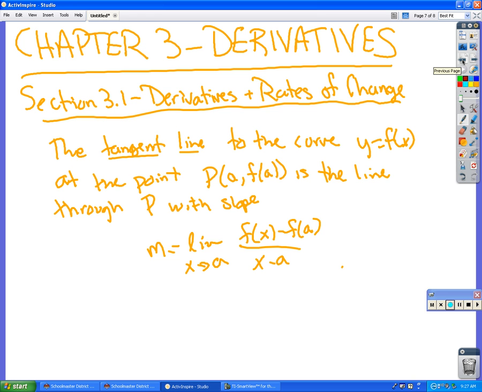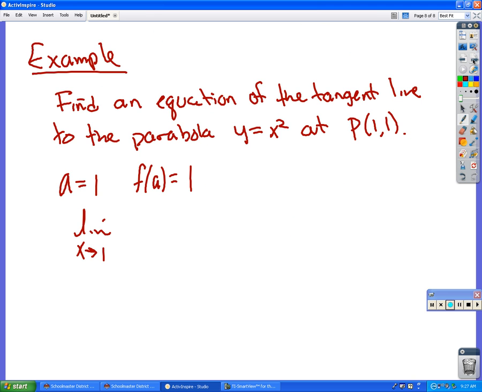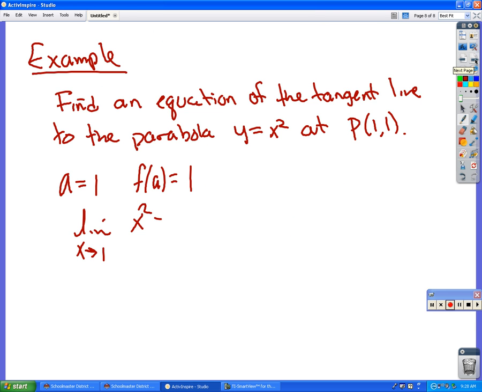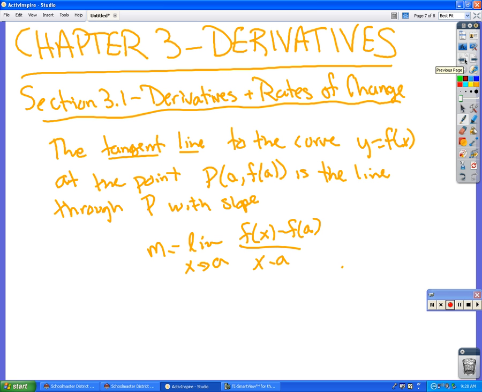What's our function in this case? x squared, minus f of a, which is 1, over x minus a, which will be x minus 1. So we're plugging in the actual numbers for the a's and leaving the x's and the f of x's as what they are.